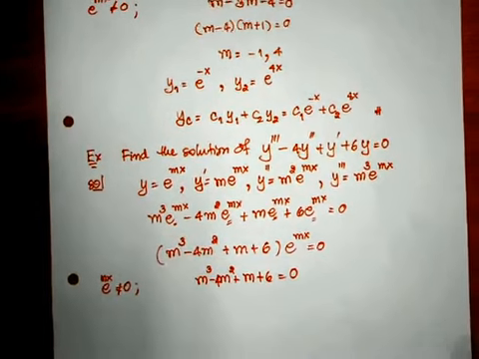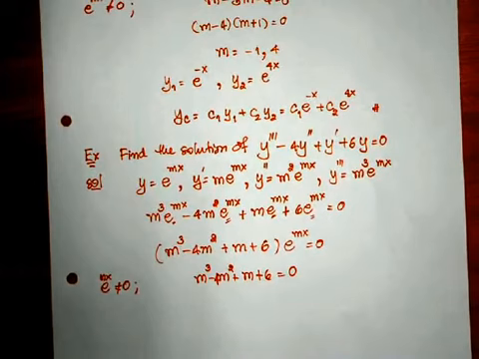And that's called the characteristic equation or auxiliary equation. Now we have m to the power 3. How many values of m should we be able to find from this equation? Three values.